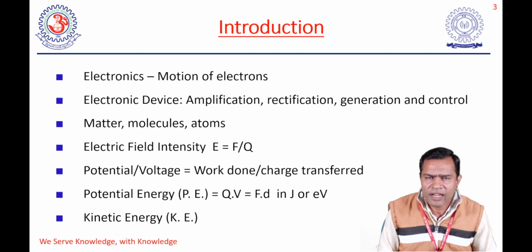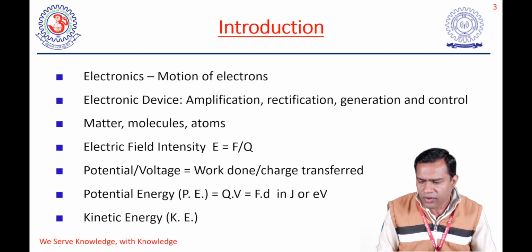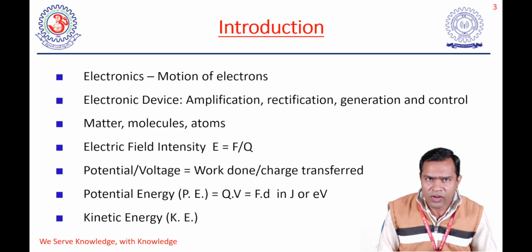Now come to the electric field. So this is a very important term related to our electronics, that is electric field intensity and electric field. So we know very well field means area. So here we discuss electric field. So definitely we talk about charge, positive charge and negative charge.